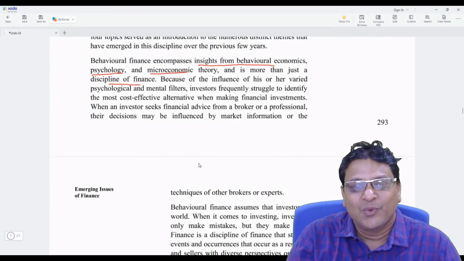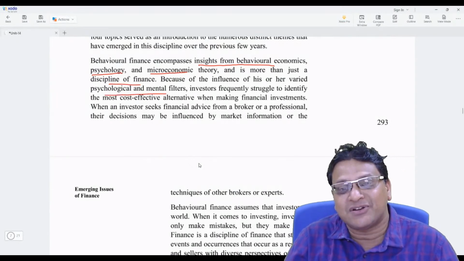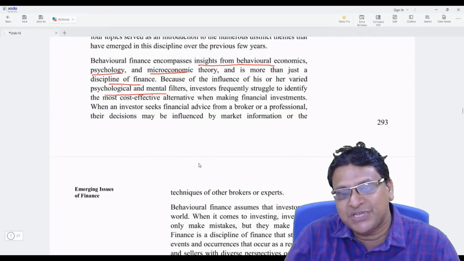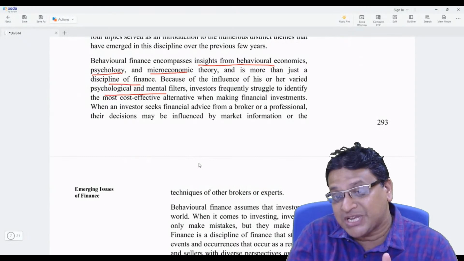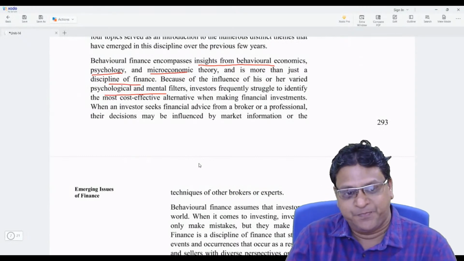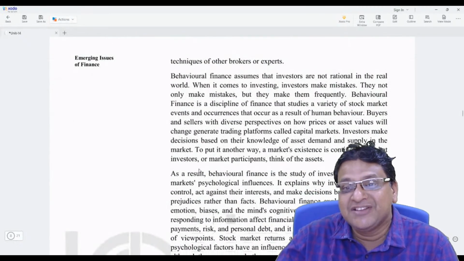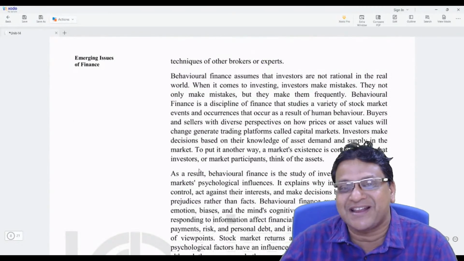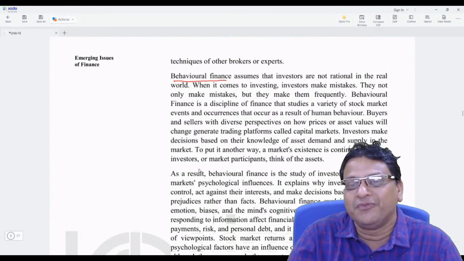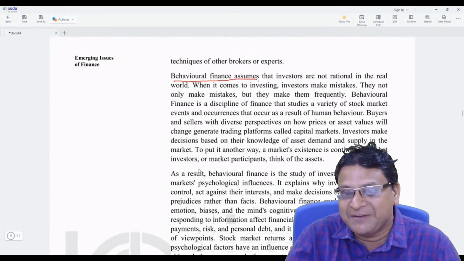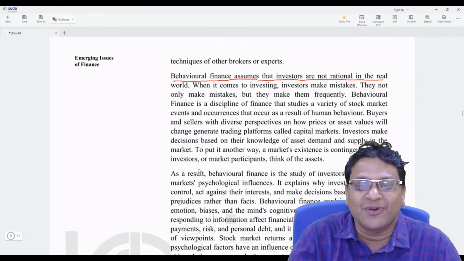In this case, we study different psychological and mental filters with the help of which we can study the decision-making process of investors. Behavioral finance assumes that investors are not rational in the real world. This is the most important assumption of behavioral finance. I tell it repeatedly: investors are not rational in the real world.